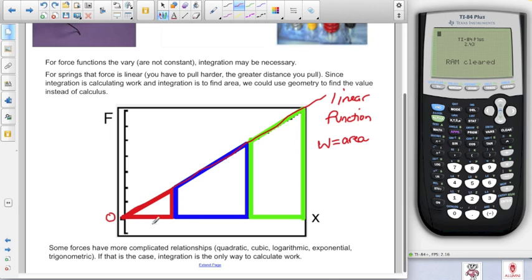we could really use geometry to figure this out. So let's say we stretched a spring 1 inch, and after stretching it an inch, it read 2 pounds of force.